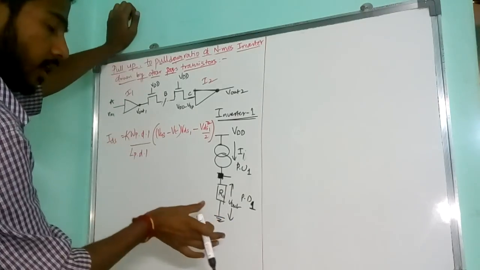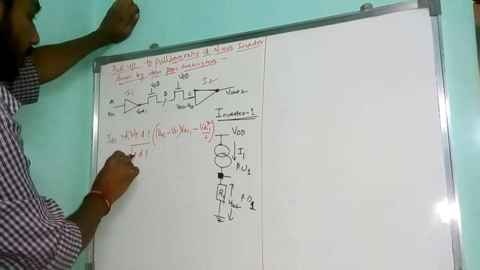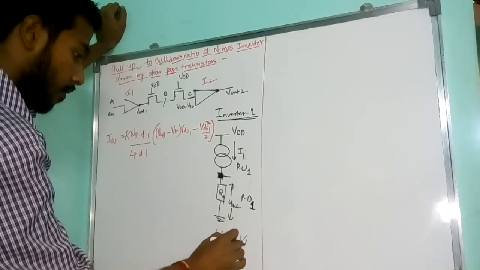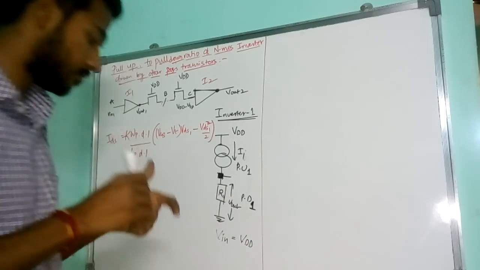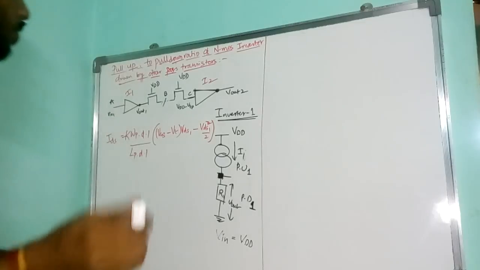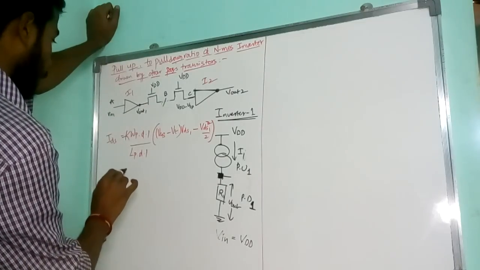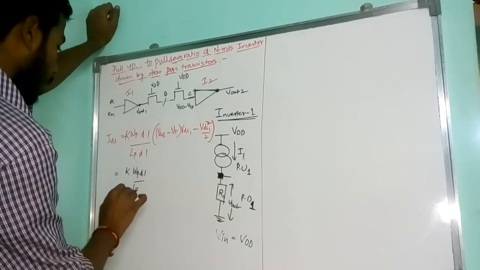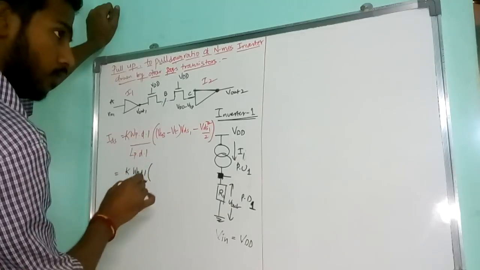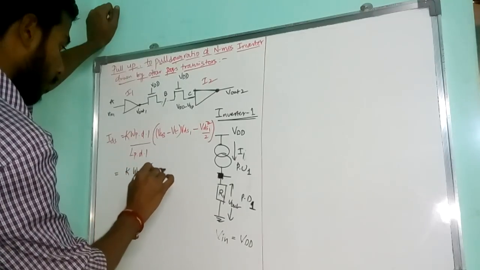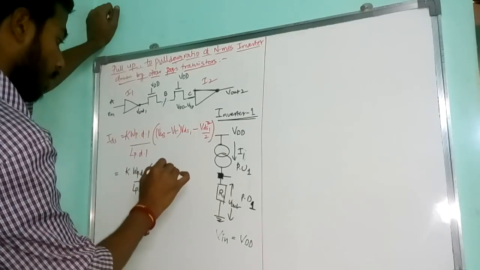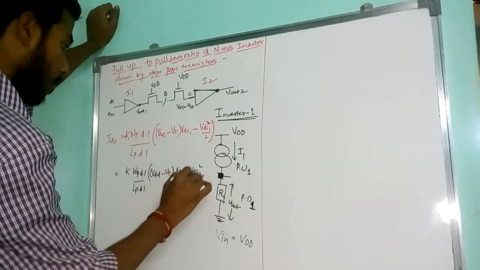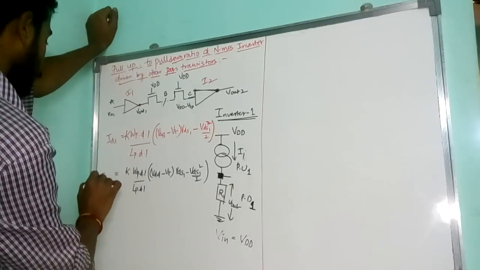Now whatever input I apply is V in, and that V in is VDD. Here my V in will be VDD. So I take this as K omega pull down 1 by L pull down 1 into VDD minus VT into VDS1 minus VDS1 square by 2, equal to IDS.